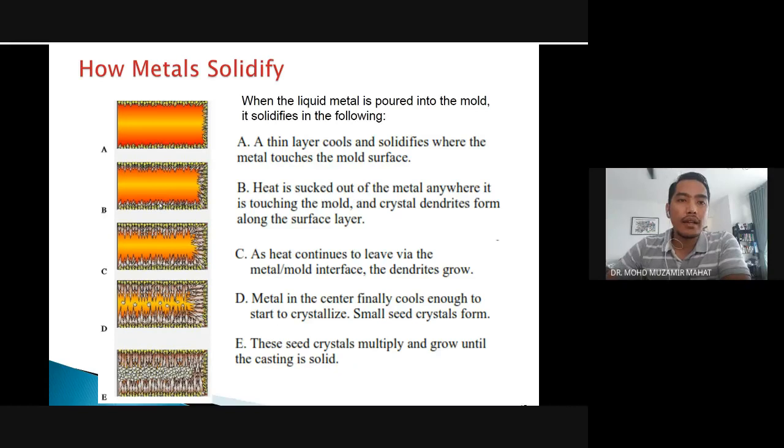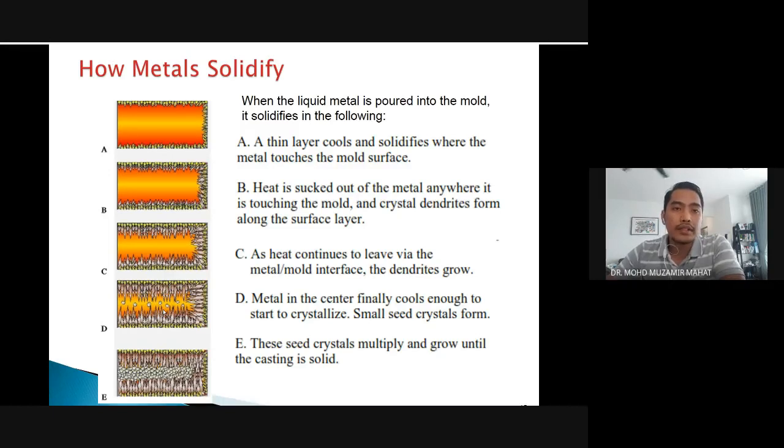In C, as the heat continues to leave via the metal-mold interface, the dendrites grow even more. And then at D, the next step, metal in the center finally cools enough to start to crystallize.